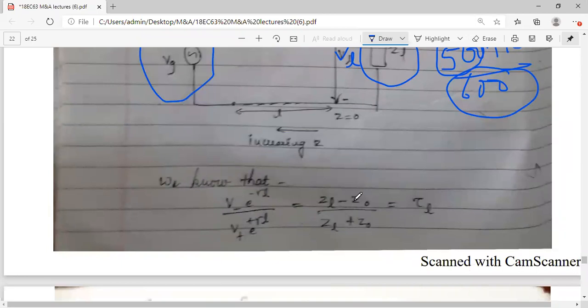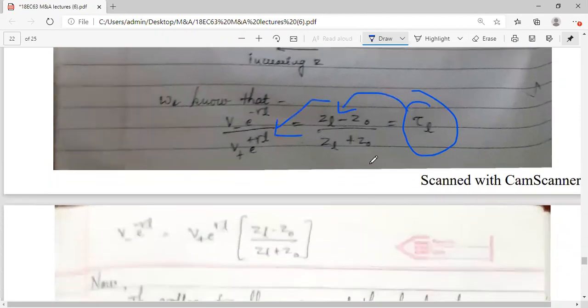Before moving for that T, we already have derived this tau L, the reflection coefficient, which is given by this. We have derived just now, and which is in turn given by V minus divided by V plus, reflected by incident. Okay, we can readjust this.